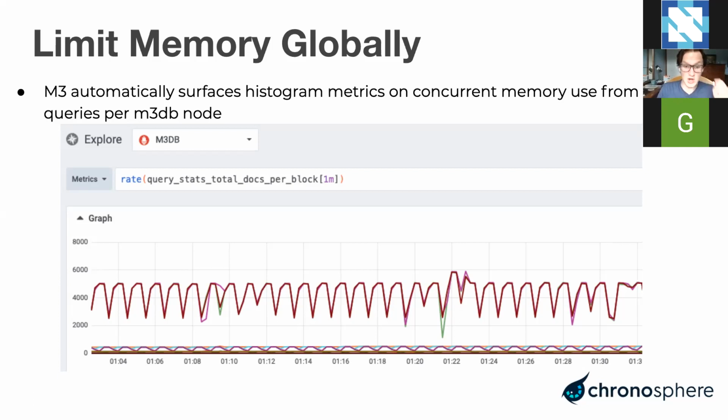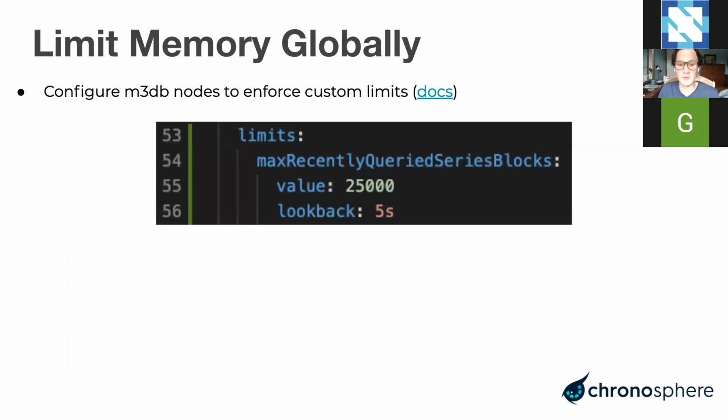In M3DB nodes, we automatically emit a metric that allows us to get a sense of what that peak concurrent memory usage is over time. So you can very easily go look at your historical use in these nodes and then use that to inform the limits that you set.